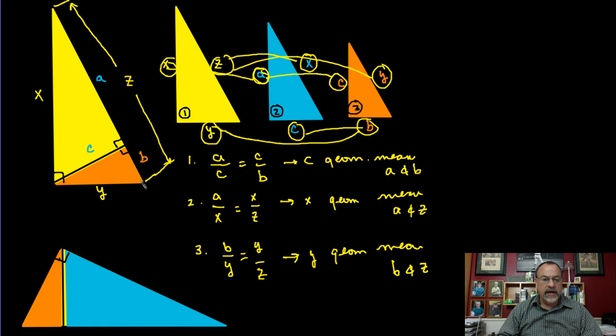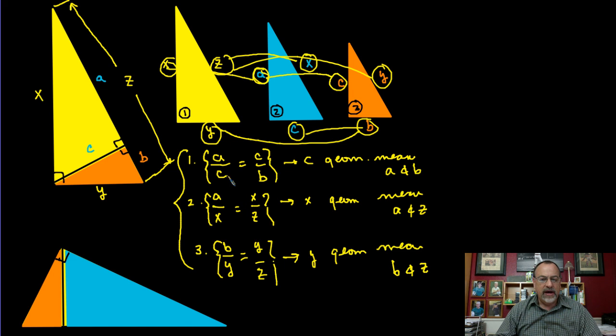So you'll notice y, which is a leg in the original triangle, is the geometric mean of this smaller section of the hypotenuse that was cut by this altitude and the entire length of the original triangle's hypotenuse. So that's the math behind these relationships, and what we really need to do then is just have a way of memorizing or organizing this information so we can use it.